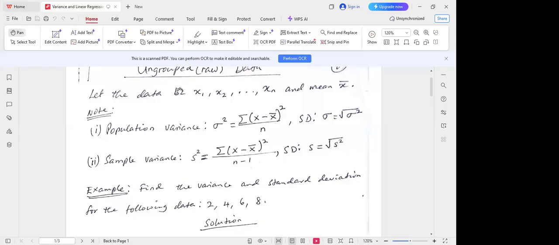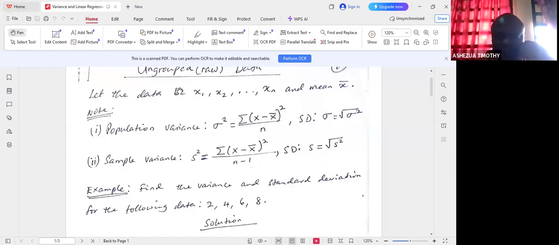It means that S to the power 2 is variance, while S alone is the standard deviation. If you have already gotten your S to the power 2, which is variance, for you to get your standard deviation, which is single S, you take the square root of the S squared.